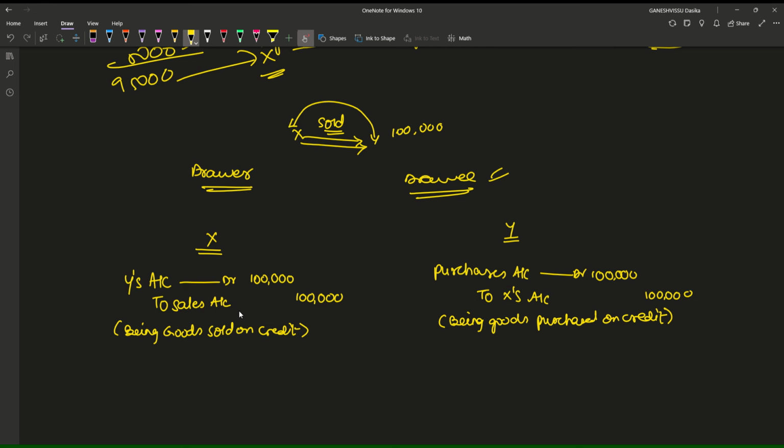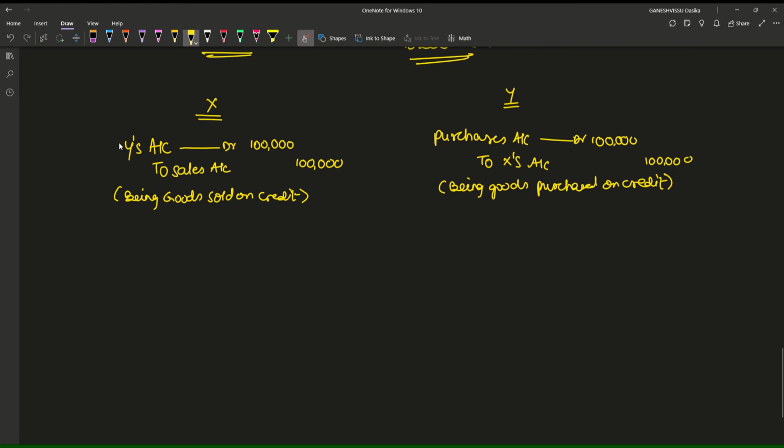Then, I have said that X would be receiving the bill from Y. As the bill is received by him, the entry is bills receivable account debtor to Y account, 1 lakh rupees.